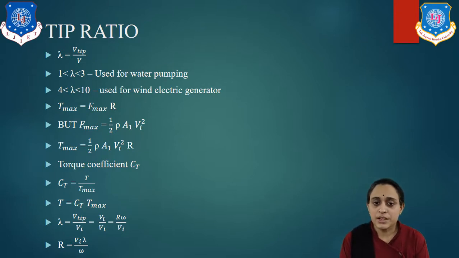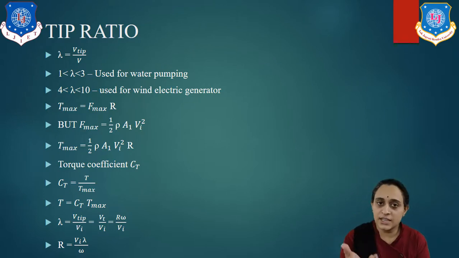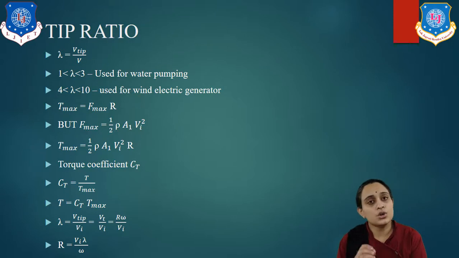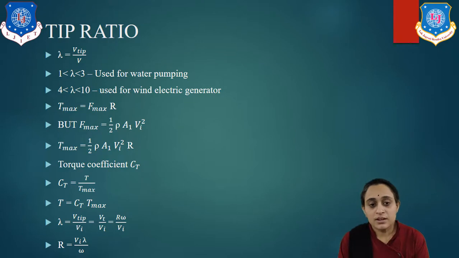Now here let us consider the machine produces the shaft torque. It is denoted as the torque coefficient. Now CT, as you see in our diagram, CT is equal to the torque coefficient. So CT is equal to T upon T maximum. So what is the torque T? We can write CT into T maximum. Now we have to write the lambda equation. What is lambda? It is Vi by V1.